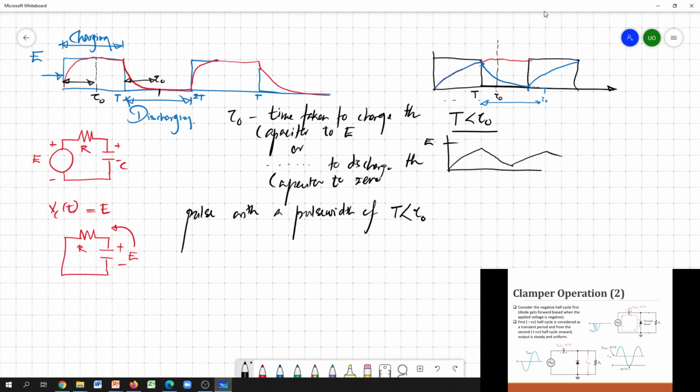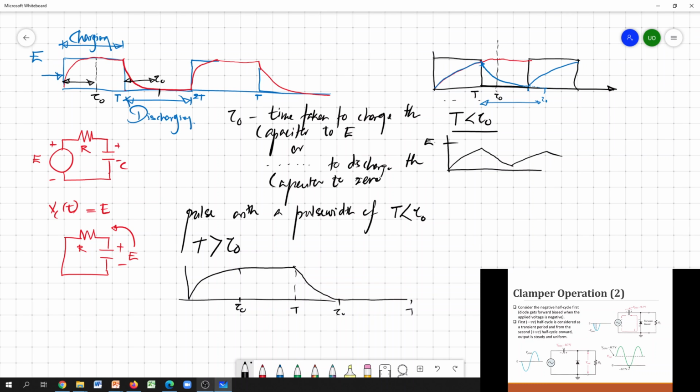So this is what happens if the situation is the other way. Then we have this kind of scenario. So this is your T, this is your tau naught, this is your T, like that. Then this capacitor has enough time to bring its voltage to its maximum.